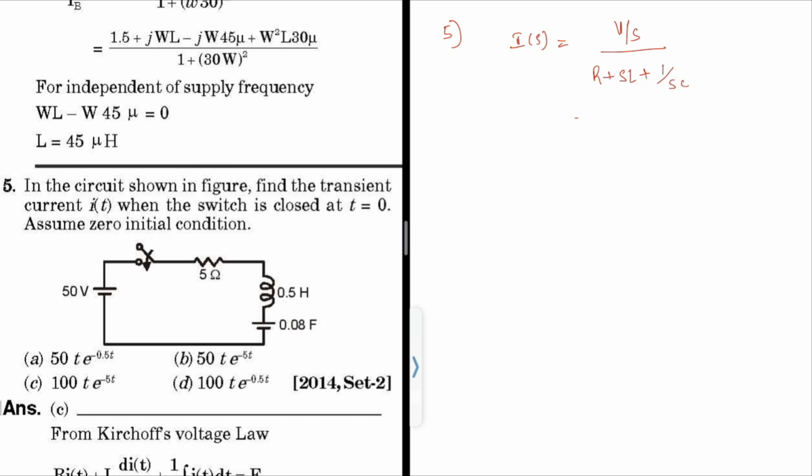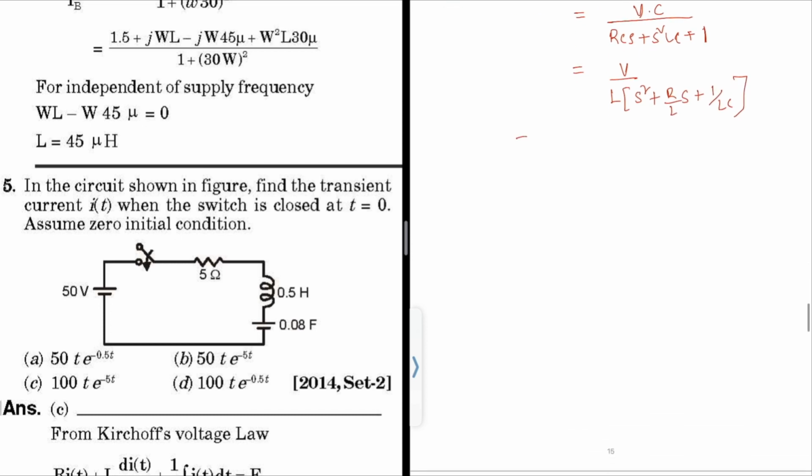If I solve this, it is V by (RCS plus S square LC plus 1) into C, so V by L into (S square plus R by L S plus 1 by LC).